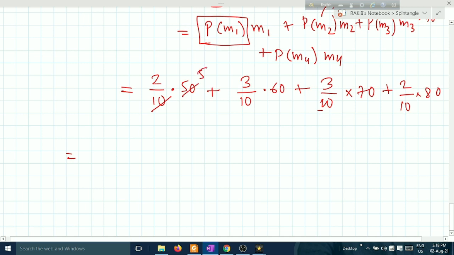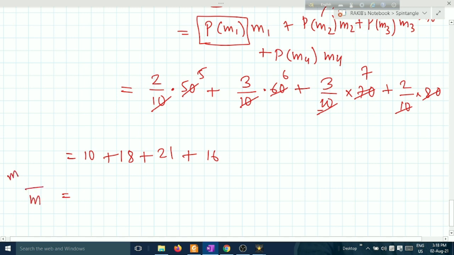Okay, now calculate it. This will be 5 times 2, this will be 10. This is 6 times 3, 18, this is 7 times 3, 21, plus 8 times 2, 16. Therefore this is the mean mass.